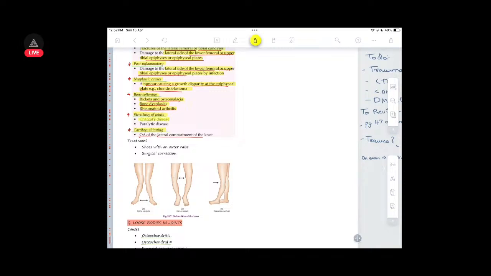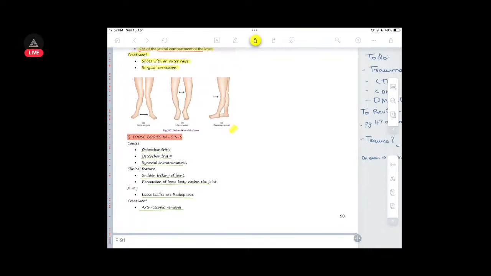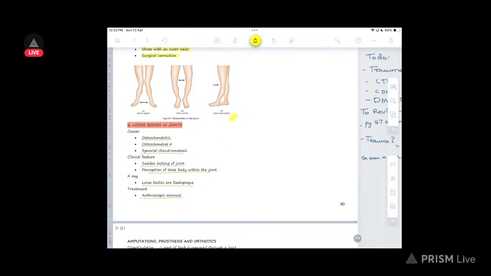Stretching of the joints may be because of Charcot's disease and paralytic disease. Cartilaginous thinning is osteoarthritis of the lateral compartment of the knee. Treatment: you give a shoe with an outer raise and surgical correction. These are genu varum and genu recurvum.